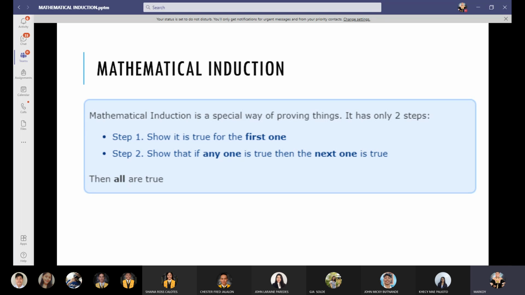So we need to prove that it is true from the first, second, and to the third.